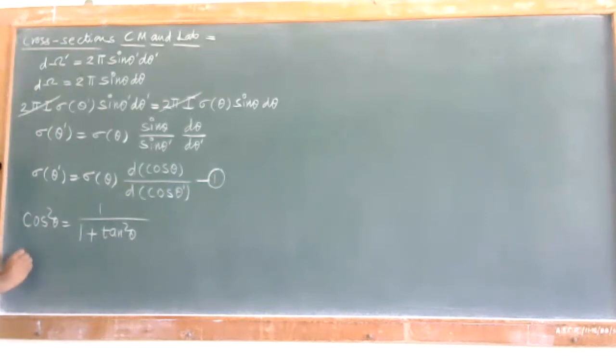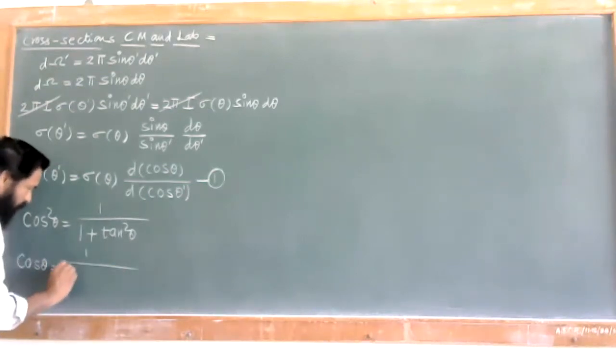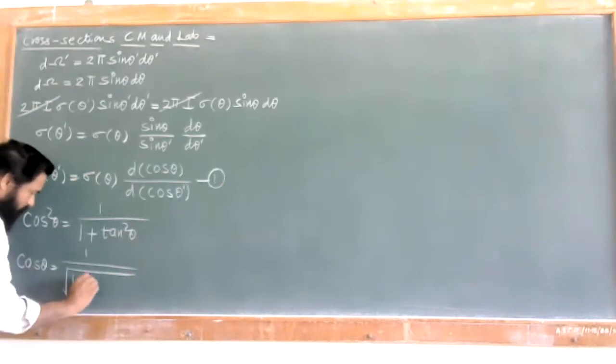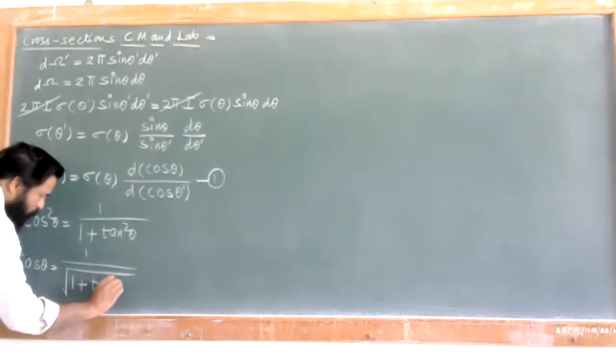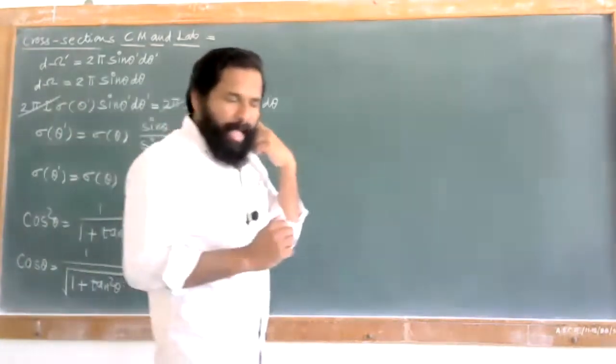So from this I will write the value of cos theta as nothing but 1 divided by the square root of 1 plus tan square theta. You will remember that we have an equation between the angles.